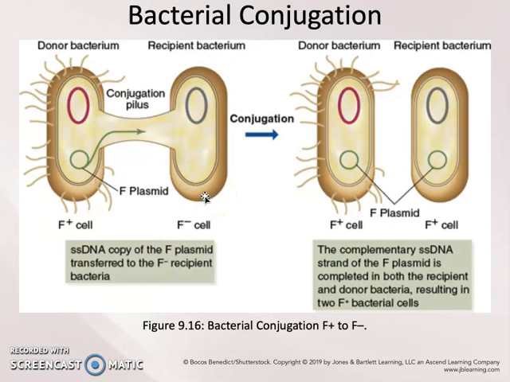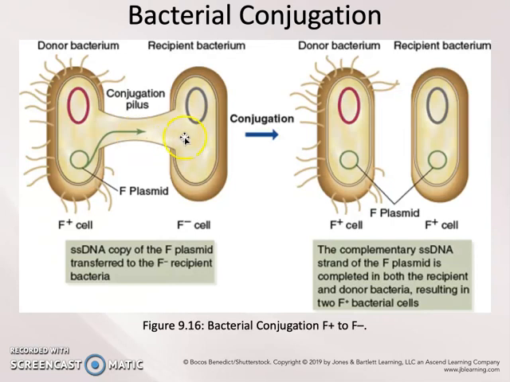The way conjugation works is the donor cell makes a copy of the plasmid, and it sends a copy of that plasmid through the pilus bridge. This is a bridge made of proteins, and that allows the DNA to transfer from one cell to another.